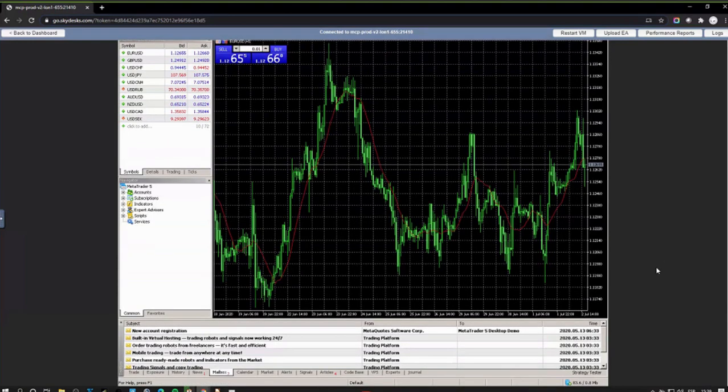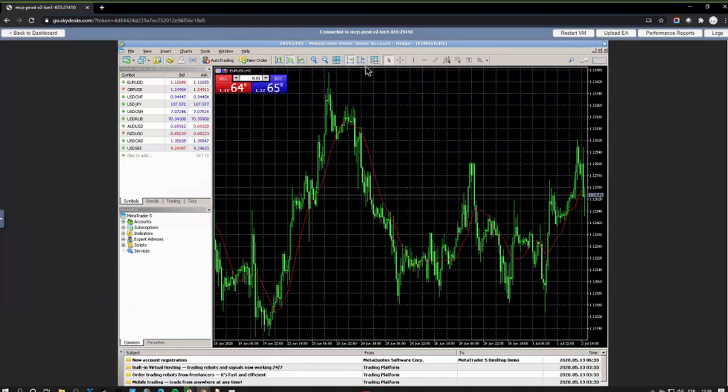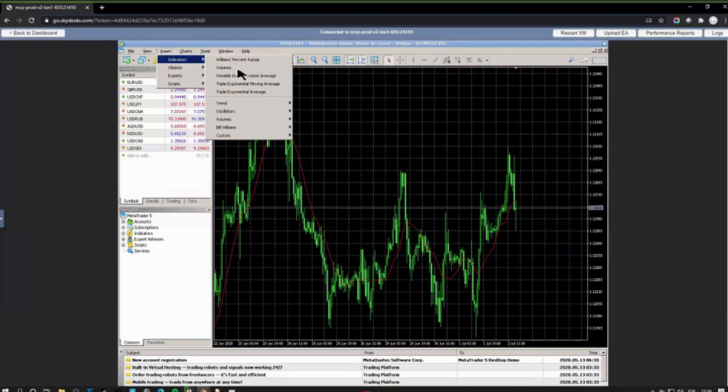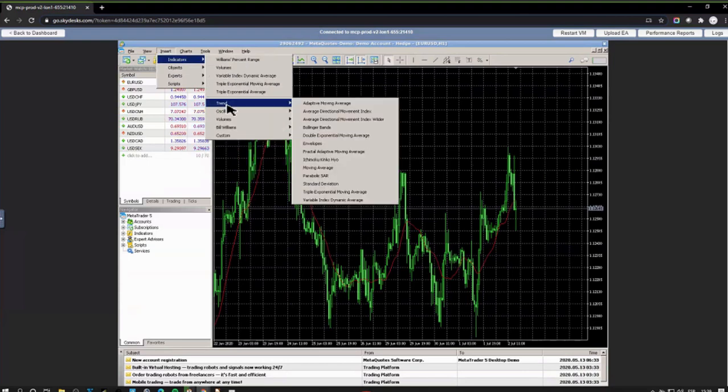This is what most people see when they have an MT5 or MT4 application. They have pretty much the bars and a bunch of indicators, all these indicators.